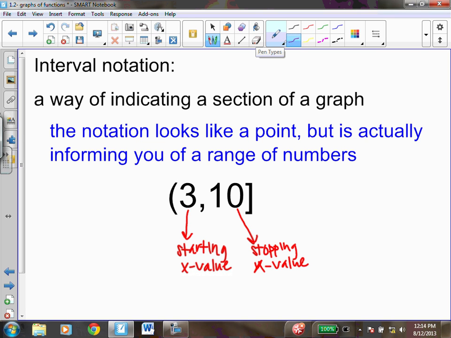Again, we don't care what the y values are. We're assuming that we could look at the function and determine what the y values are. We only care about the x values.